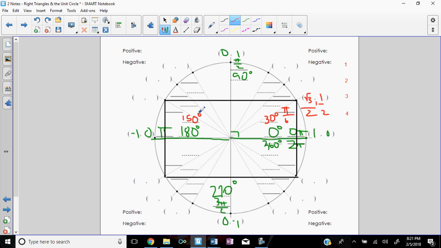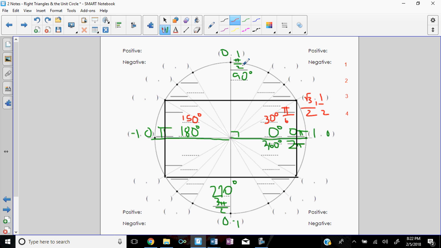And there are 2 ways that you can change that to radians. You can multiply it by pi over 180, or we can actually count our pi over 6s. So if I take a look, this is 30 degrees, and that's 1 pi over 6. Another 30 degrees is this angle right here, so that would be 2 pi over 6. If I go another 30 degrees, I'd be at 3 pi over 6, which reduces to pi over 2.